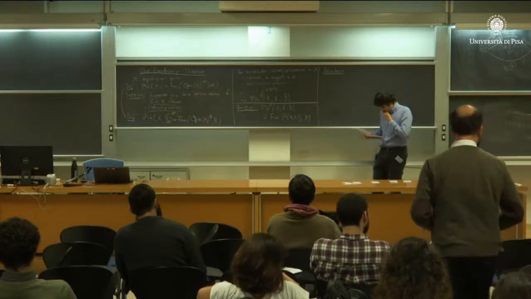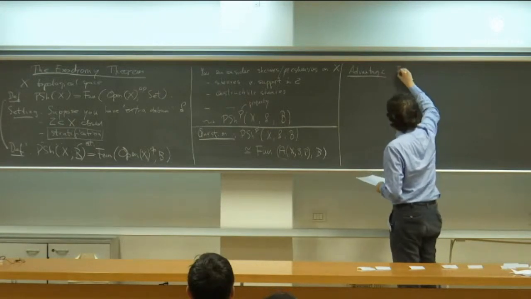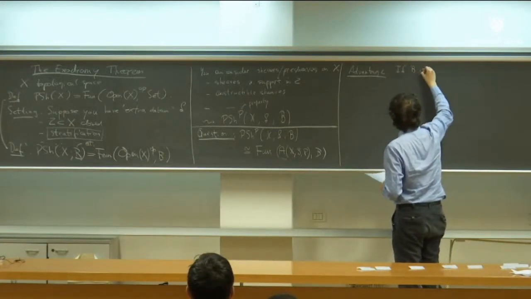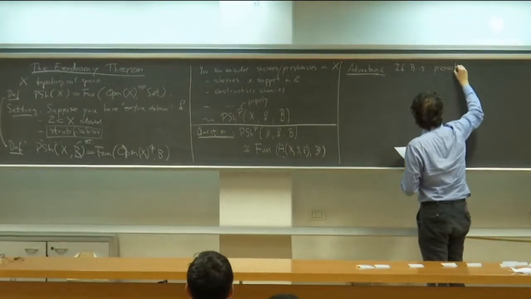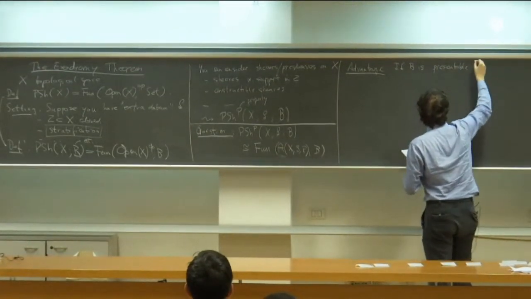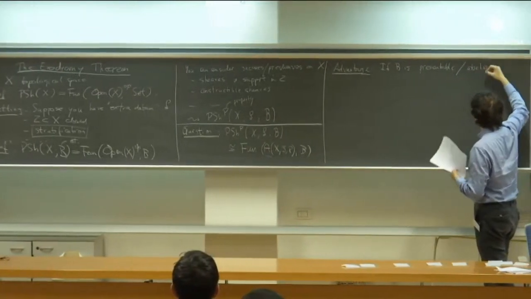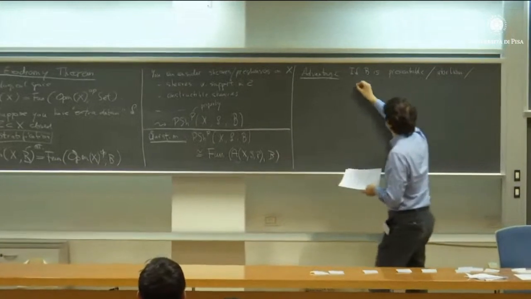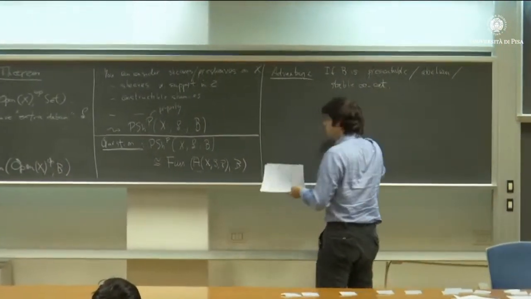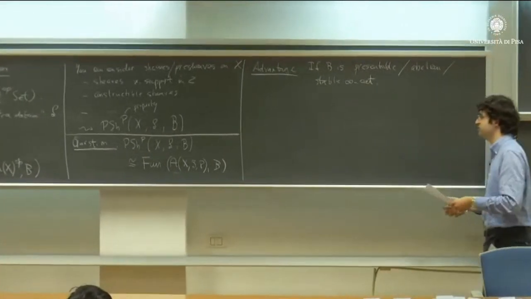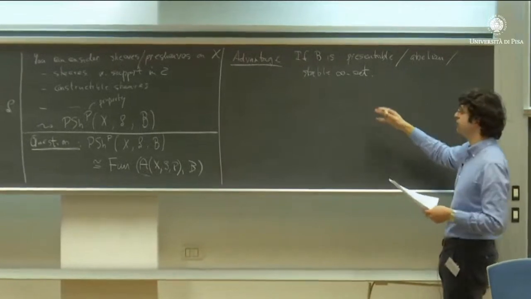And so, the first advantage is that if B is, say, presentable, or something completely different, an abelian category, or what is called a stable infinity category, which is not of interest to us here, but there are many possible important properties.